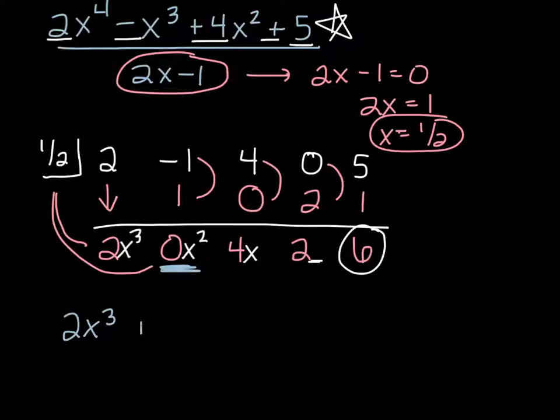So I would just go straight to 4x plus 2, and then plus 6 over the divisor of 2x minus 1. Okay, so this one did not divide in evenly. This one did have a remainder, but you treat the remainder the same way you did with polynomial long division.